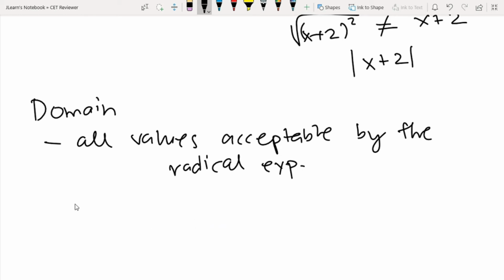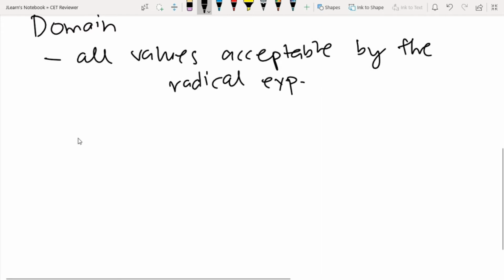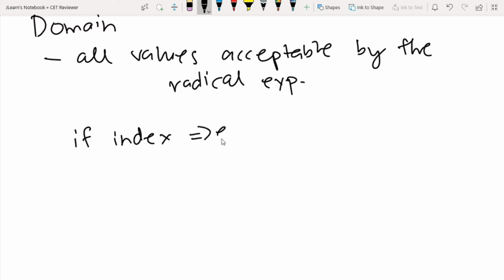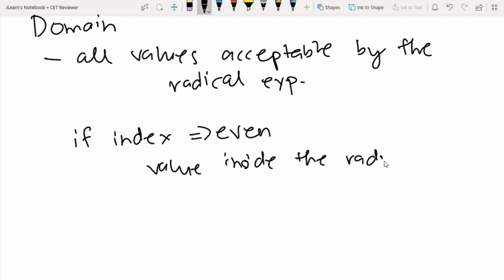So, for example, ito ang kailangan nyo i-take note. Kapag yung index nung radical ay even, then yung value inside the radical should be greater than or equal to 0.